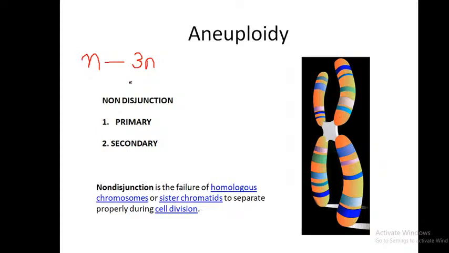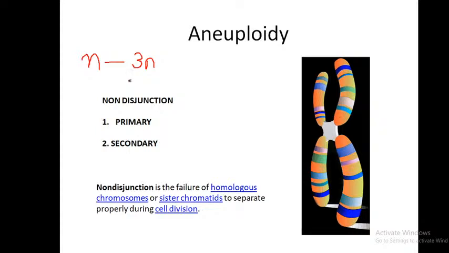How do aneuploid organisms develop? Aneuploidy is a phenomenon, as I said, that is not exact doubling, and aneuploids have one or two or a few chromosomes more or less than the basic number of chromosomes.